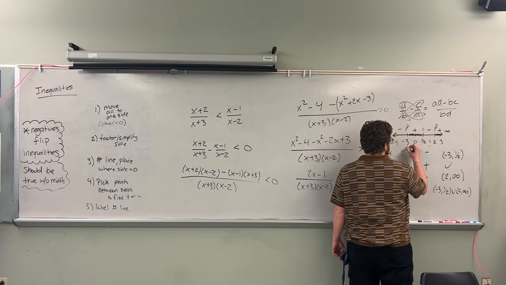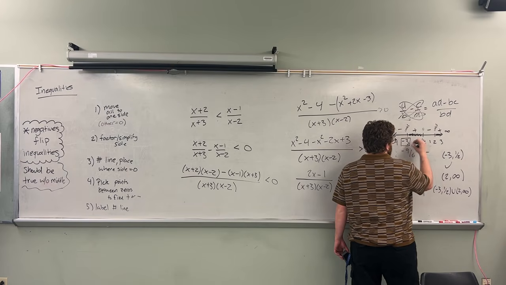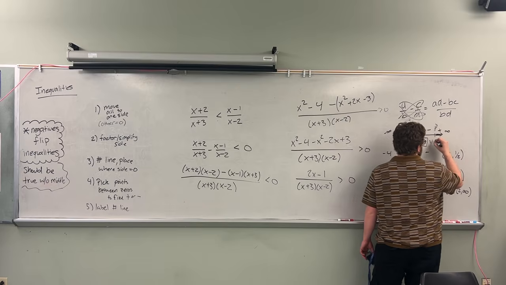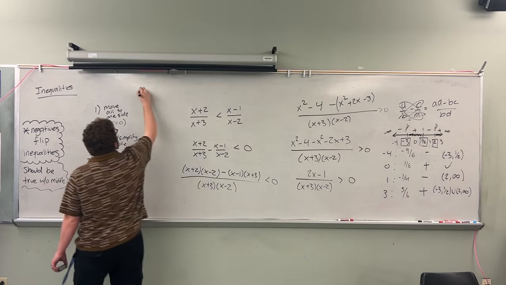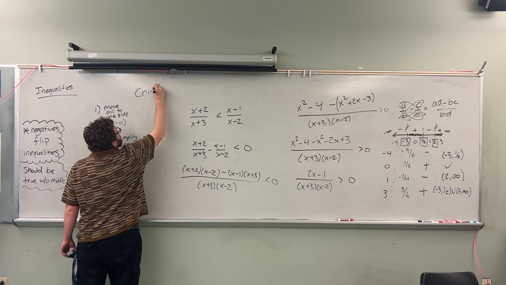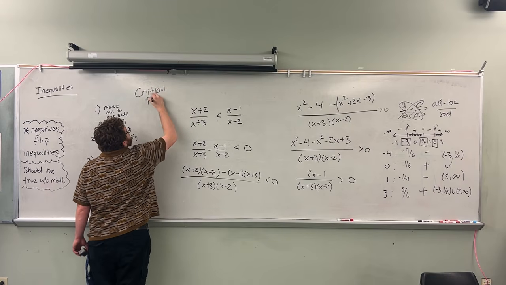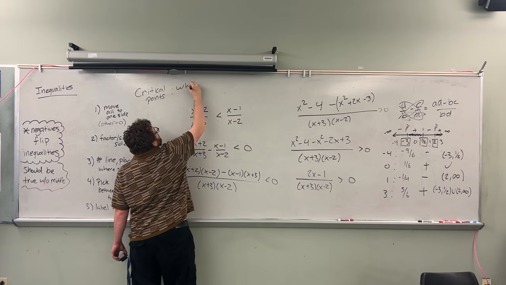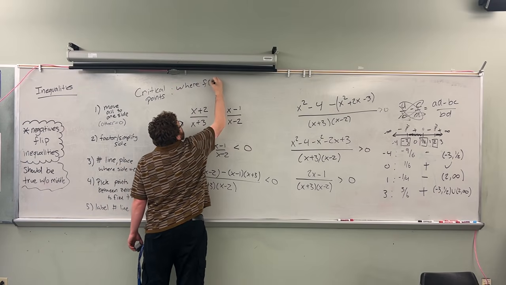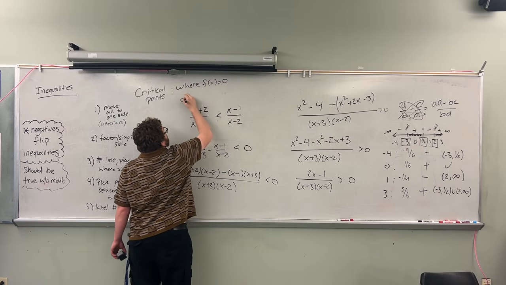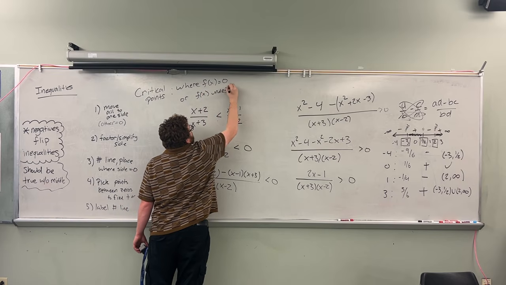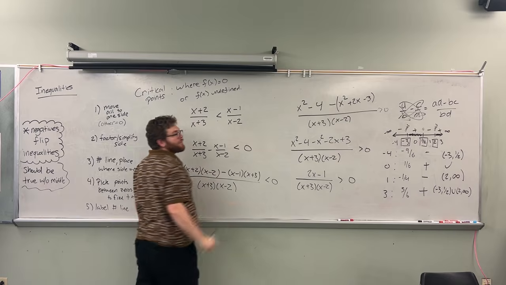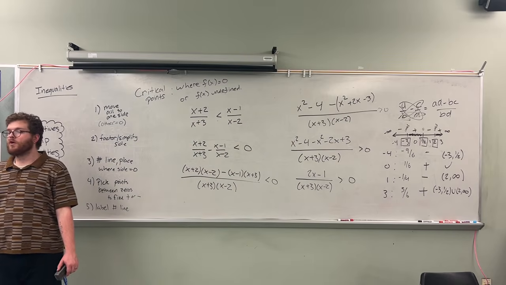So the points that I'm putting boxes around are what we call critical points. Critical points are wherever the function is equal to 0 or it's undefined.